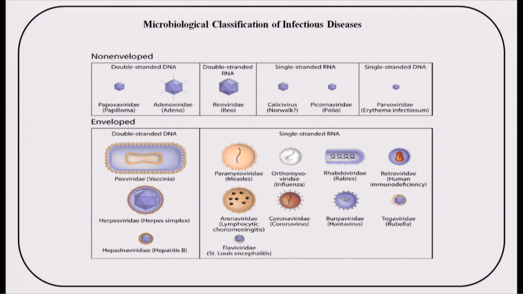Coming to the enveloped viruses, if you see the figure, double stranded DNA, where we have Poxviridae, vaccinia, herpes simplex virus and hepatitis B viruses.